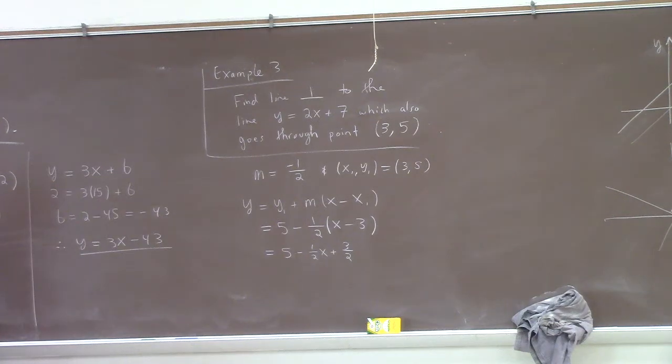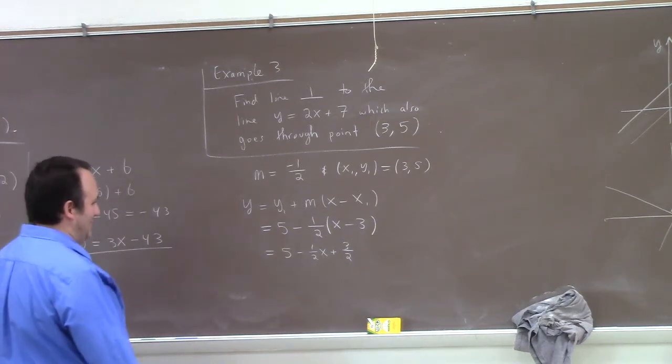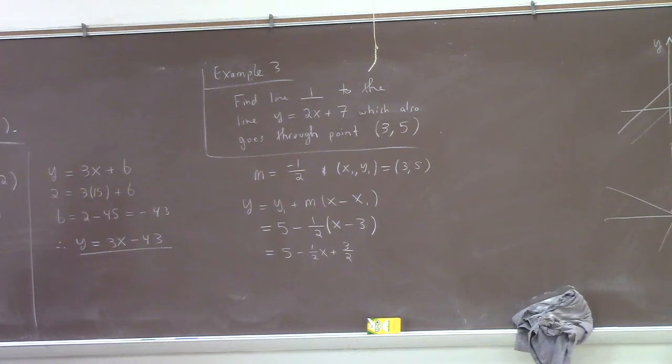What's 5 plus 3/2? 5 and 3/2? No, do not do that. We talked about this. 6 and 1/2 is even worse. It's still a mixed fraction. We don't like mixed fractions.